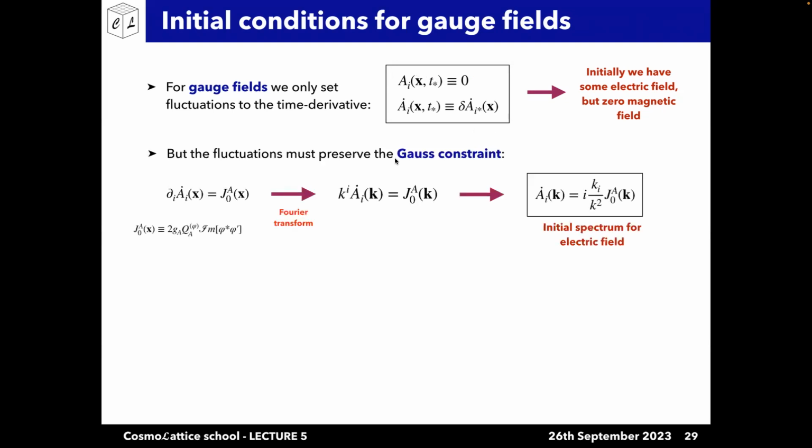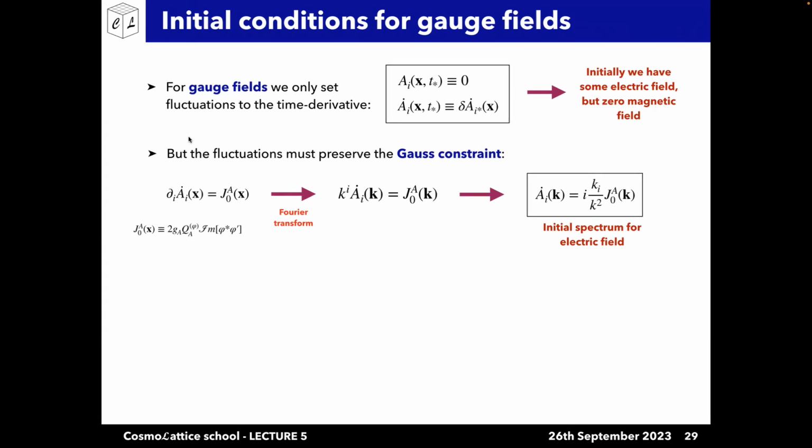And how do we impose these fluctuations on the electric field? Well, we go to the Gauss constraint. The Gauss constraint, as I have said, must be preserved at all times, but it must also be satisfied initially. In fact, you need to satisfy it initially so that it's preserved during the entire evolution.